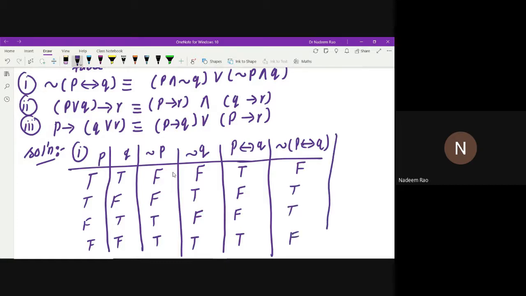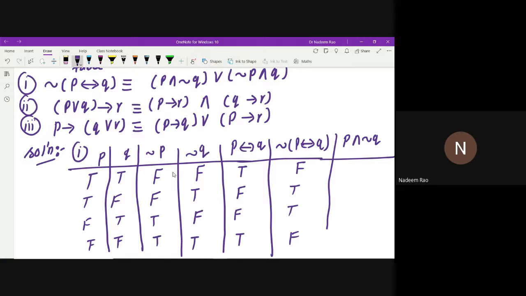Now, next, P and negation of Q. Here we are using the connective as conjunction. In the case of conjunction, if one of them is false, then it should be false.